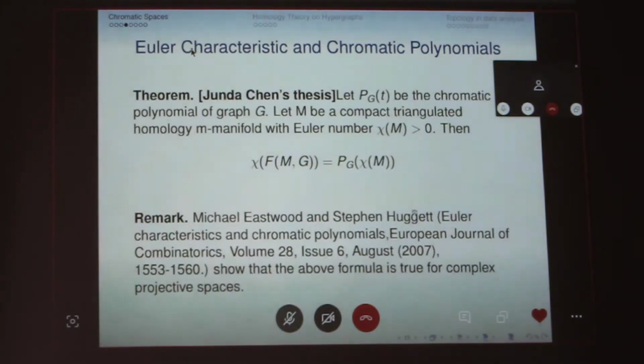But after this, I mentioned Junda Chen, who is actually a young guy. A few years ago, when he was doing his master's thesis, he tried to work on this question based on the early work done by Eastwood and Archie on the case where M is a complex projective space, and then extended it.